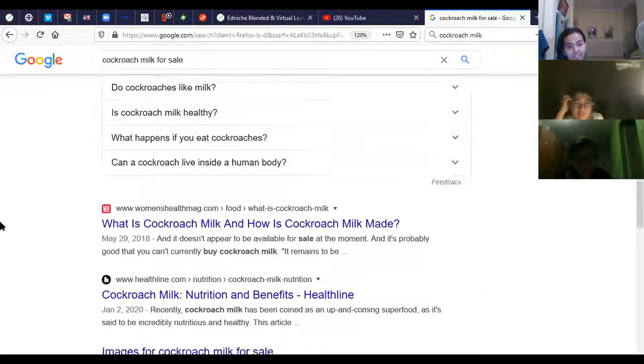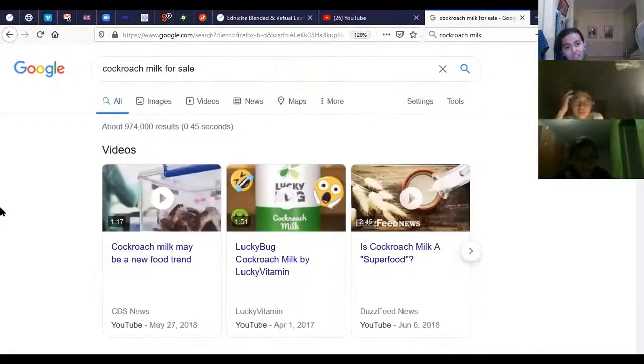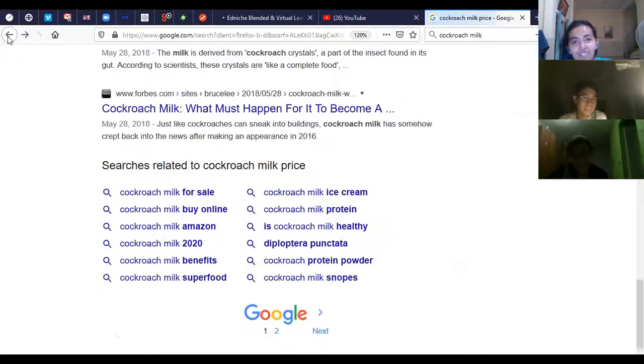Very interesting. Okay, so we have cockroach milk now to replace milk. So I should stop killing cockroaches in my house, so I can start harvesting their milk. I've never heard of that, honestly. That's very interesting.